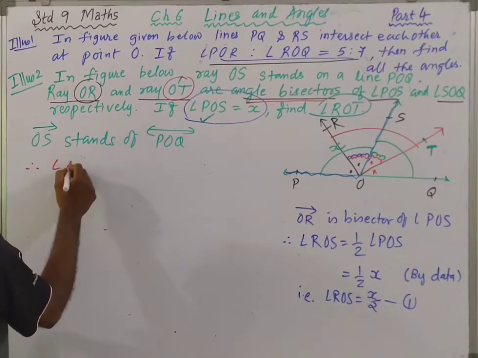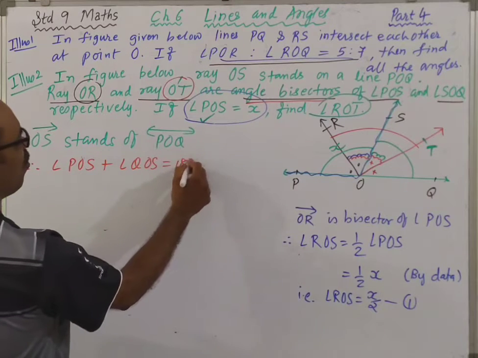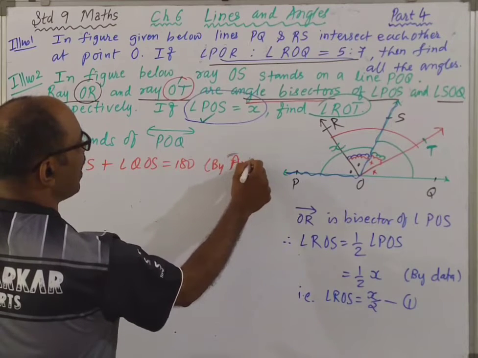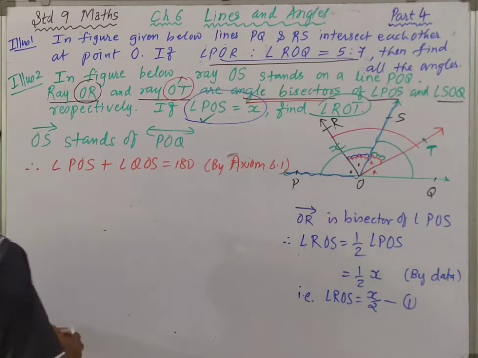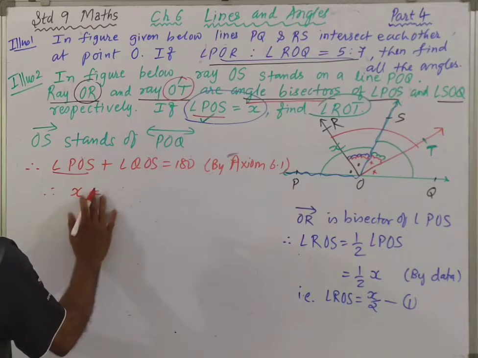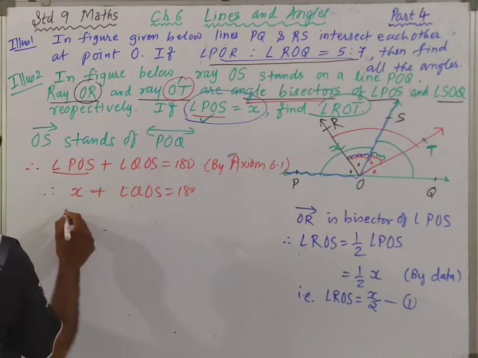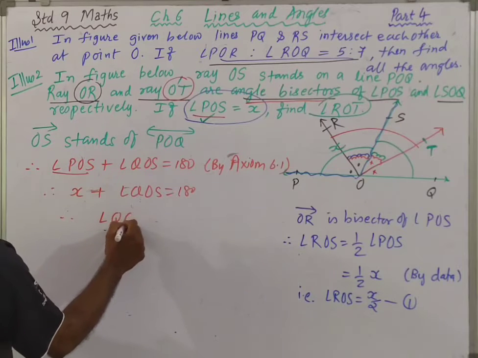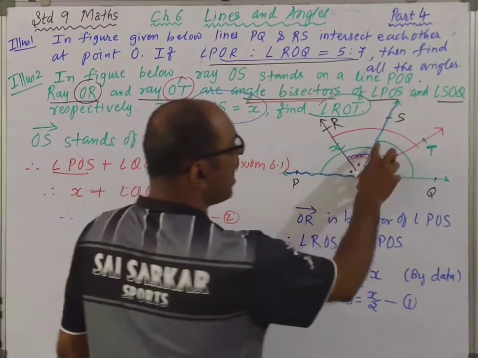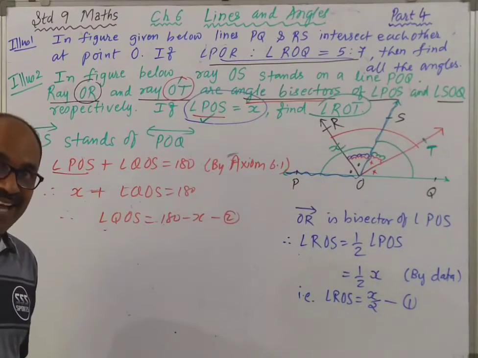Therefore, angle POS plus angle QOS is equal to 180 by Axiom 6.1. Now POS we have, therefore x plus angle QOS is equal to 180. Take x on the other side. So angle QOS is equal to 180 minus x. Result 2. So the angle we did not have, we got. It is 180 minus x.